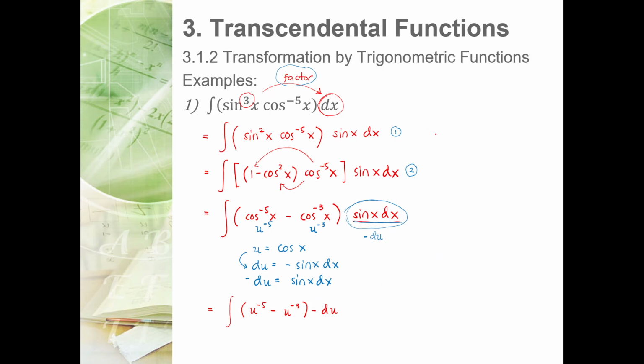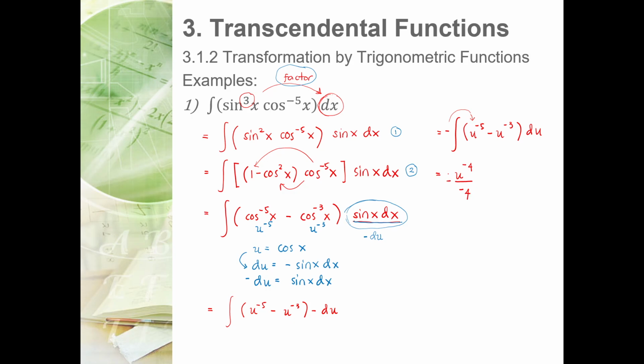So we can place the negative outside the equation: negative, and then u to the negative fifth minus u to the negative third du. This is a standard or basic formula: u to the power of n plus 1 over n plus 1. Integrating the first term, this will be u to the power of negative 4 all over negative 4.